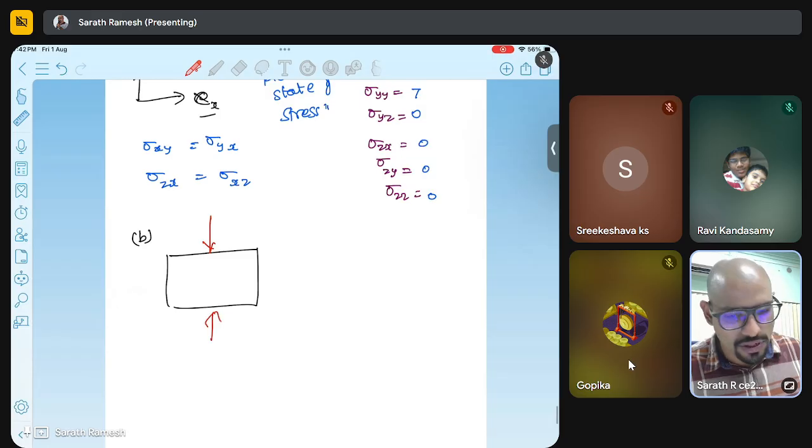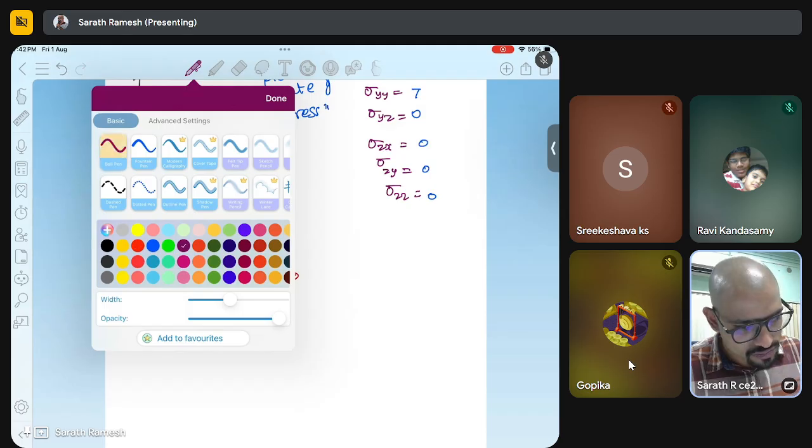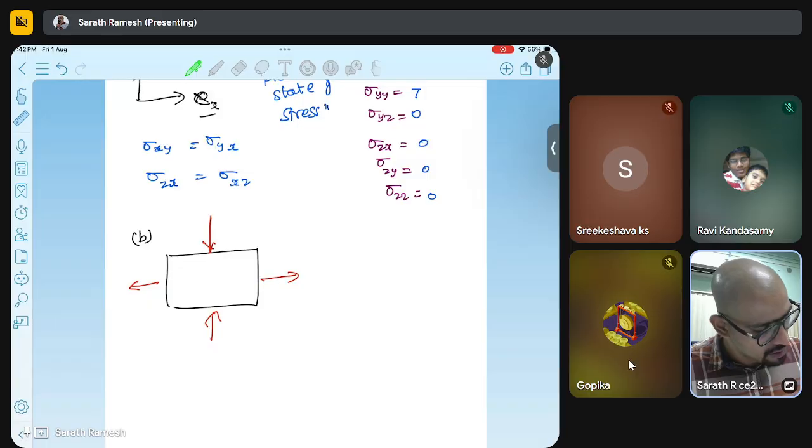Instead of going outward, this time it's coming inward, and this is going outward only. And the shear is like this, and these two form a clockwise moment.